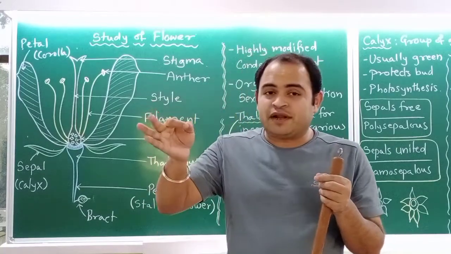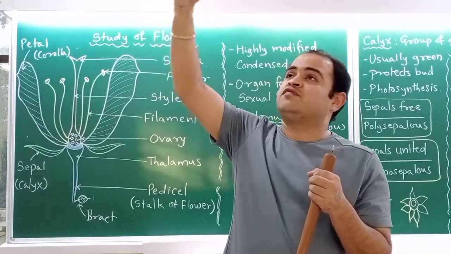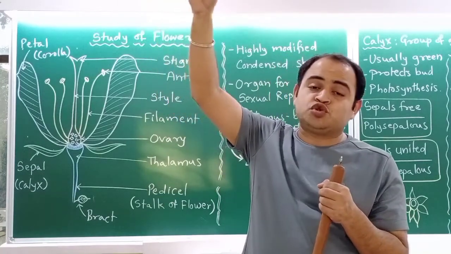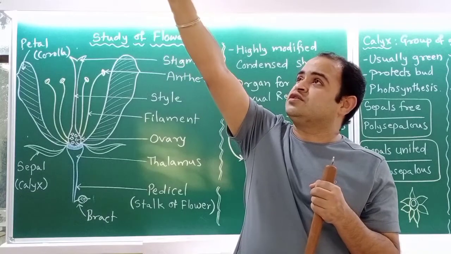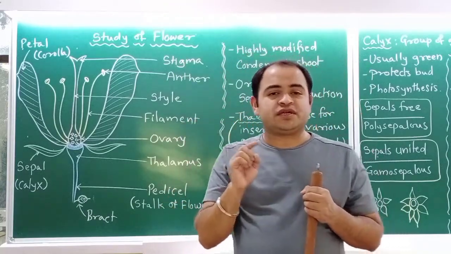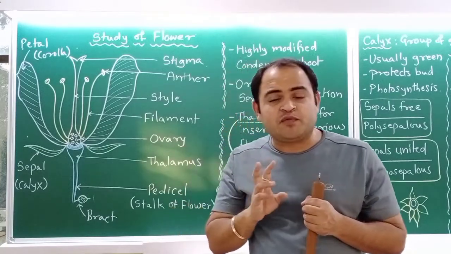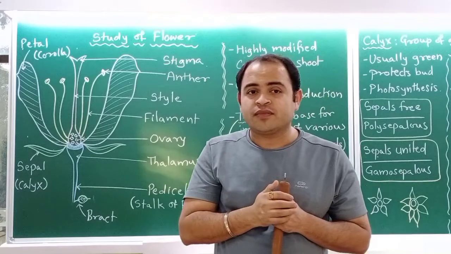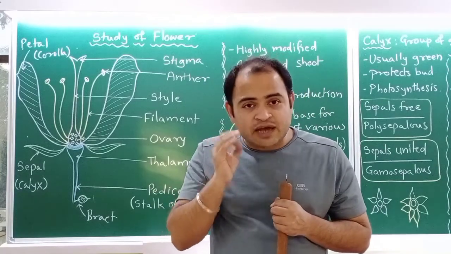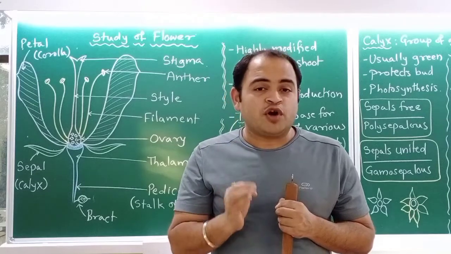Take out that petal and hold it in front of the sun. Hold it against the light and just see through it. You will find various venations passing through it. Reticular type of venation or parallel type of venation can be seen easily. This is the evidence for my statement, that is flower is modified shoot.